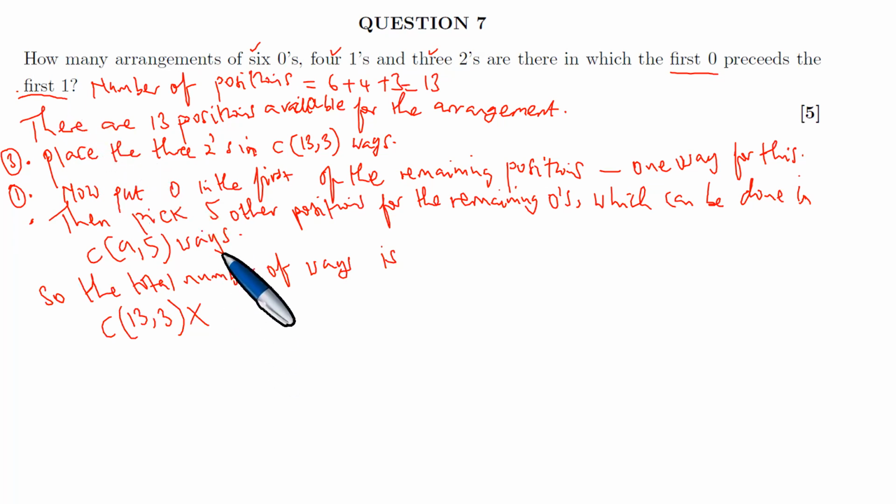We did that in one way. Then we can put the other zeros in the remaining positions in 9 choose 5 ways. After having put the zero first, this satisfies the condition required.